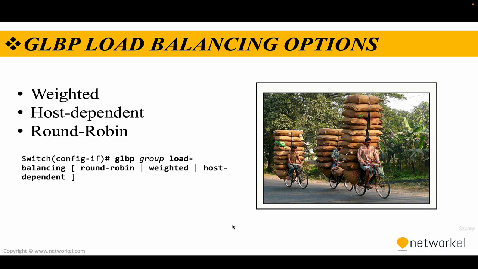GLBP can distribute traffic based on the MAC address of the host initiating the communication. That ensures that traffic from the same host consistently goes to the same AVF, enhancing session persistence. So how I'm configuring it: GLBP group number and load balancing, and you just type the load balancing algorithm that you want to pick.